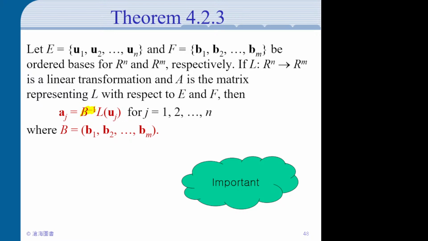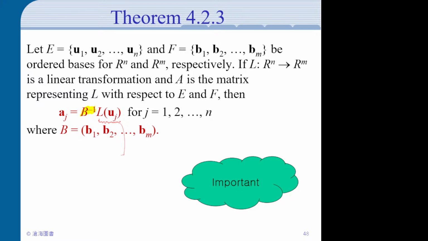So this part we are thinking of as not really abstract. We are thinking of it as coordinates in terms of the standard basis. So this L of Uj is the coordinate in the standard basis, and we change it to the coordinate in F by applying this B inverse, where B is the matrix you get by just listing all those basis vectors together.